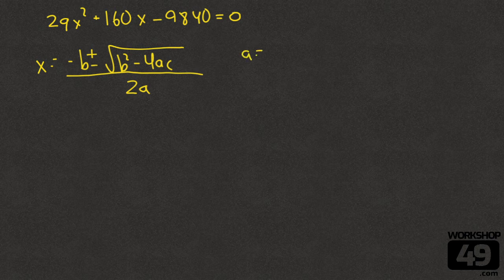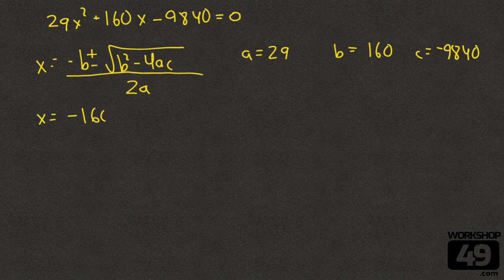Our a value is the number in front of the x squared. That's 29. Our b value, the number in front of the x, is 160. Our c value, the number that's left over, is negative 9,840. Let's fill these into the equation. x equals the negative of our b, so negative 160, plus or minus the square root.